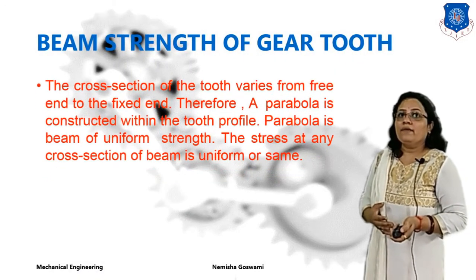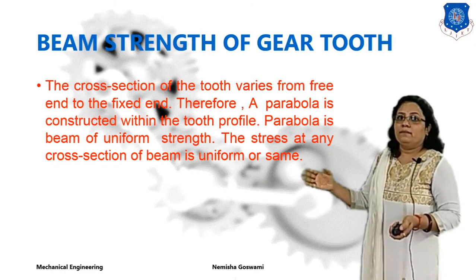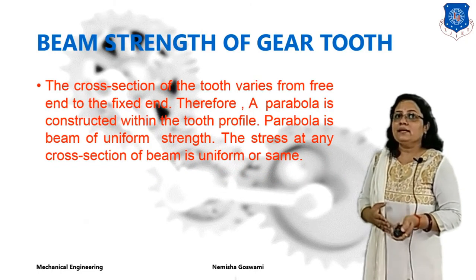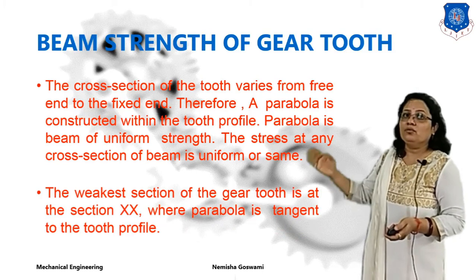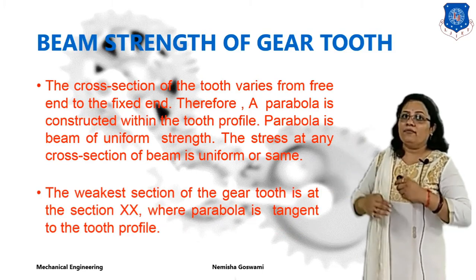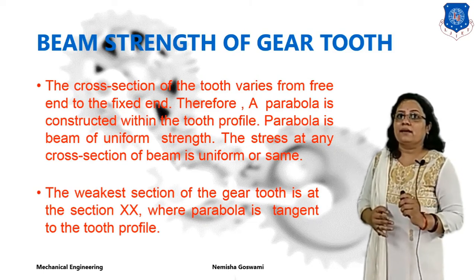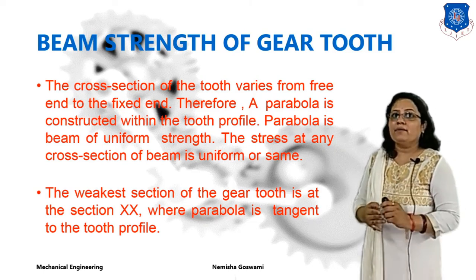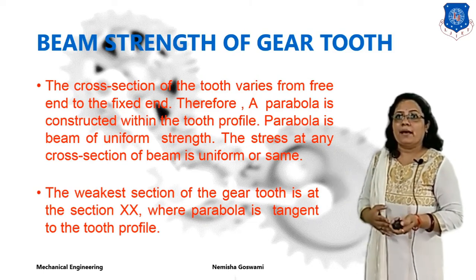Now, how do we find the beam strength? We consider that the cross section of the tooth varies from the free end, the top portion, to the fixed end, considered as a cantilever beam, and we have already drawn it as a parabola.